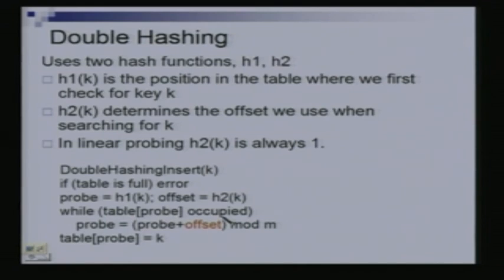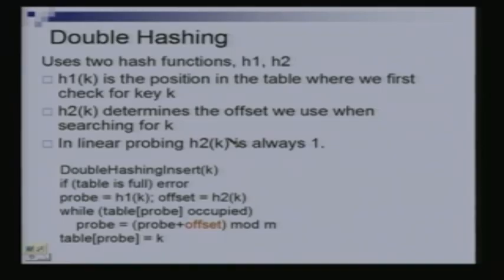If it is occupied, then the next location I'll look at is probe plus offset. Probe is set to probe plus offset, and if this is also occupied, the next location is again probe plus offset. So the offset determines how much distance I advance every time I don't find the element that I am searching for.